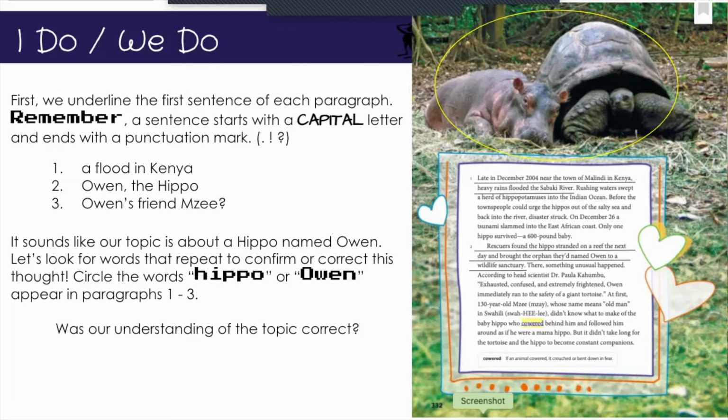And I'm going to read out loud each sentence and then explain to you how I've annotated them in my own words. "Late in December 2004, near the town of Malindi in Kenya, heavy rains flooded the Sabaki River." I went ahead and annotated that sentence 1 sounds like it's going to be talking about a flood happening in Kenya.